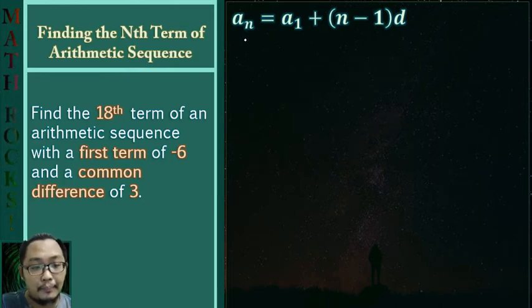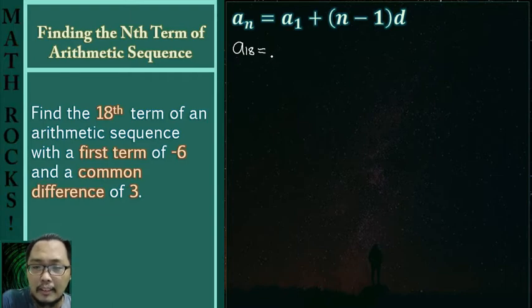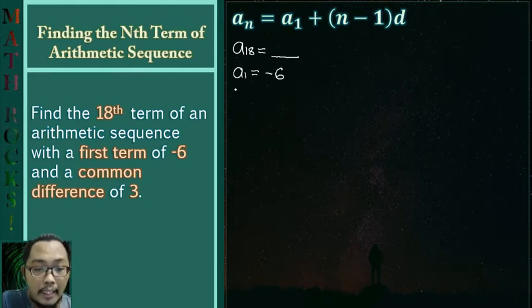We want the value of the 18th term, so we write a sub 18 and leave it blank for the meantime, since this is the question. The other information is the first term, a sub 1, which is equal to negative 6, and the common difference, usually written as d, which is equal to 3.